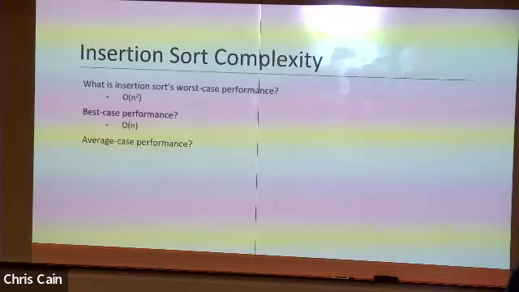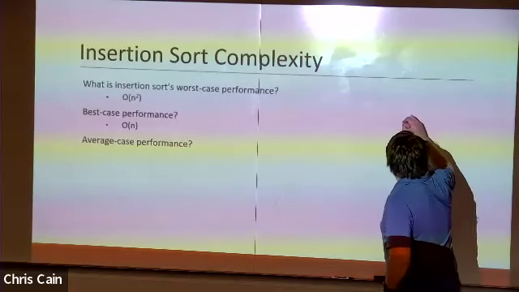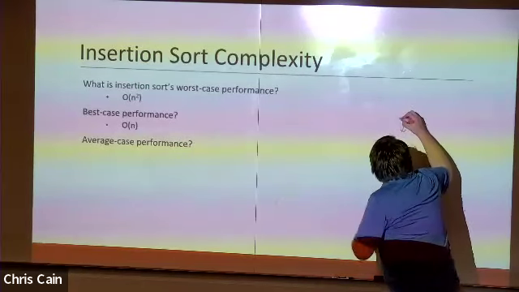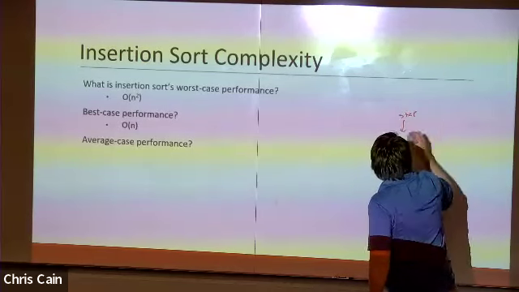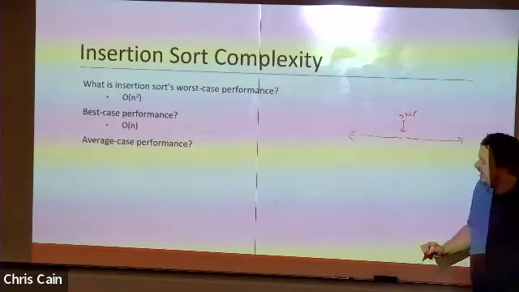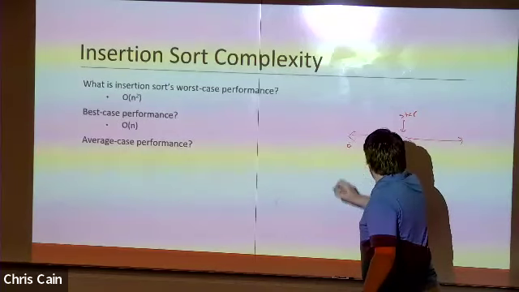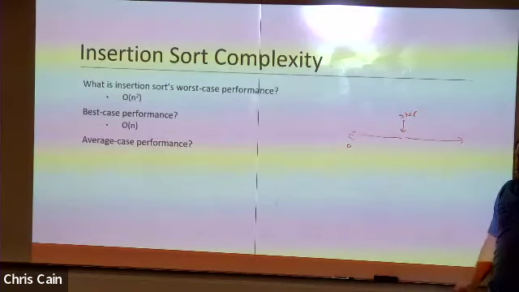How about the average case? What can we expect on average? Some could be sorted, some aren't sorted. How many comparisons would you expect to make? If we're at some step in some arbitrarily long array, how many comparisons do you think you need to make if this is index 0 all the way over here and you're at step?